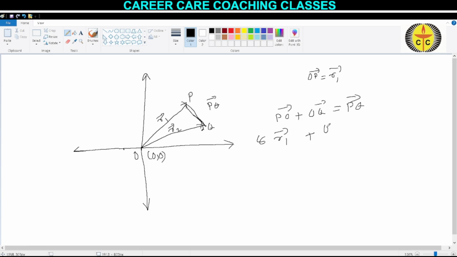What is OQ? That is R2. And PQ is, suppose, delta R. So delta R is equal to R2 minus R1, since OP is R1 and PO means negative of R1. So delta R is equal to R2 minus R1.